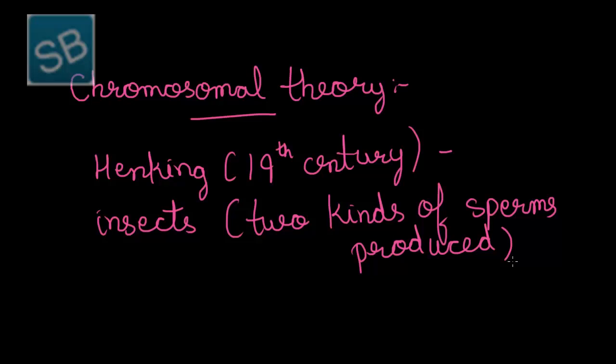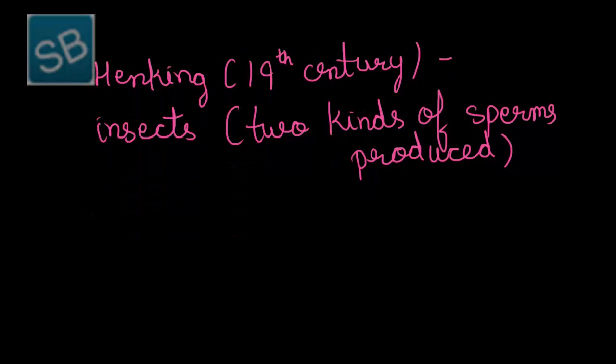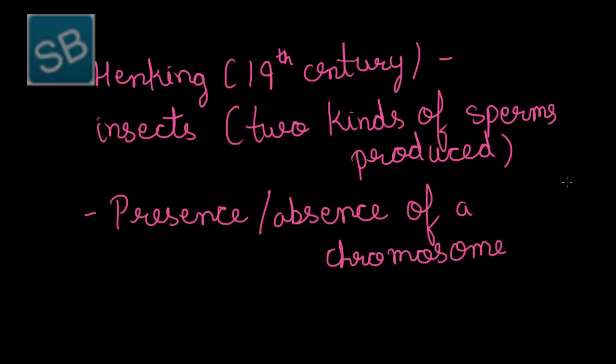Now, this difference in the kinds of sperm was based on the presence or absence of a chromosome, that is, of a type of chromosome. But which type of chromosome was not determined by the scientist.